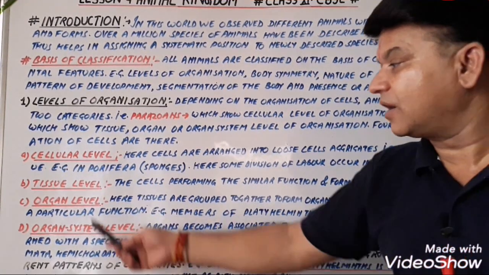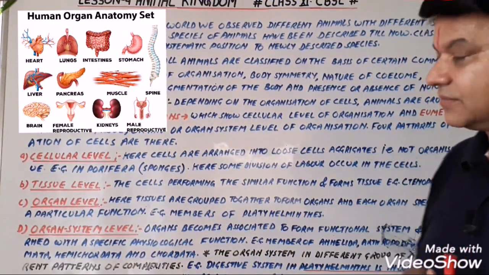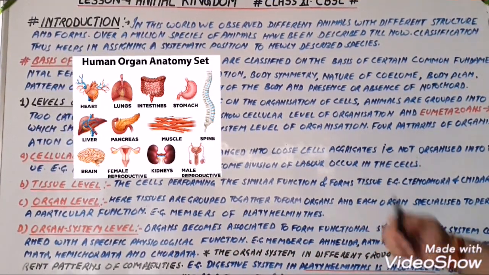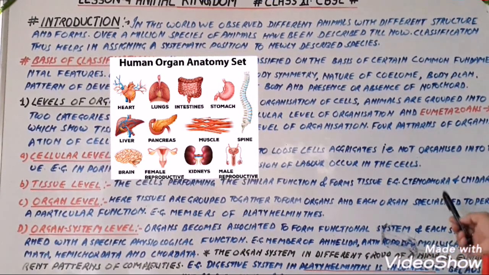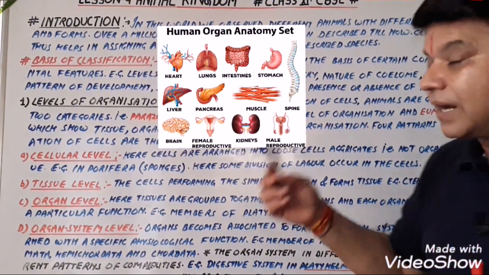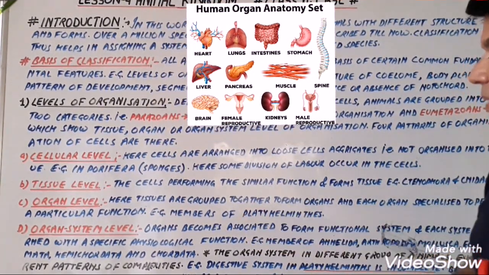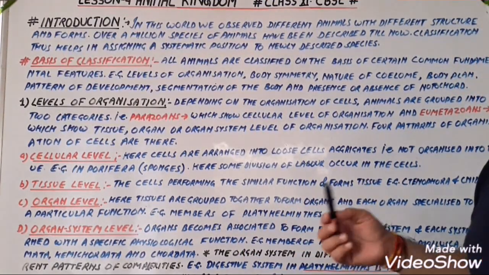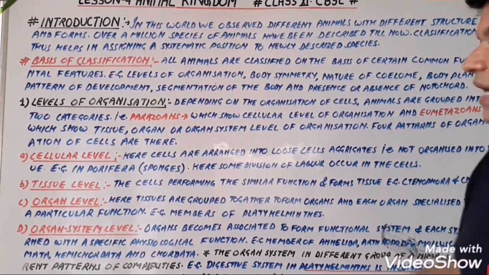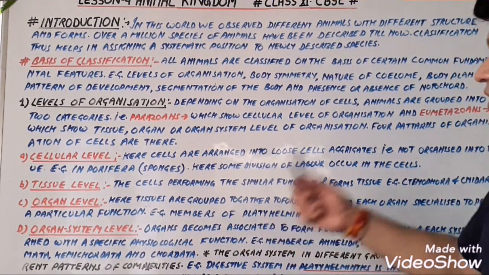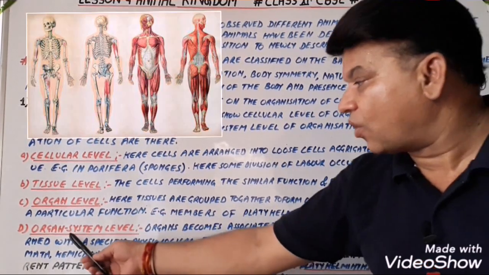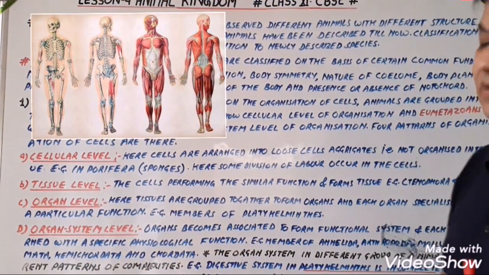Now, third is the organ level of organization. Here tissues are grouped together to form organs, and each organ is specialized to perform a particular function. For example, members of the Platyhelminthes, that is flatworms. All flatworms show the organ level of organization. Now, the fourth is the organ system level of organization.